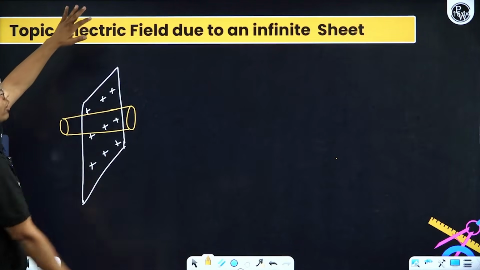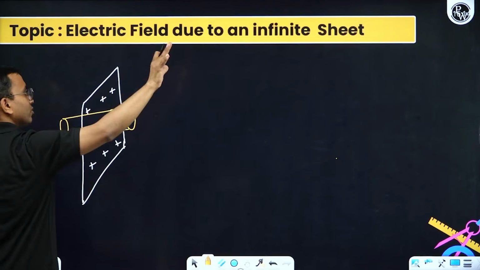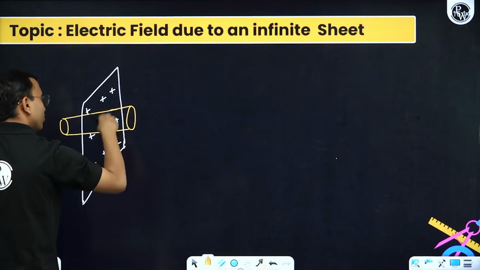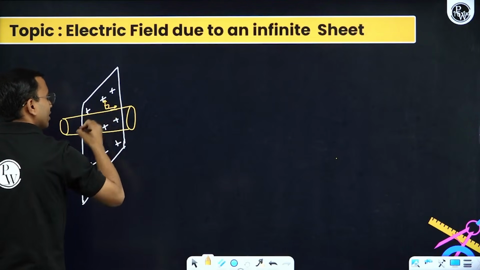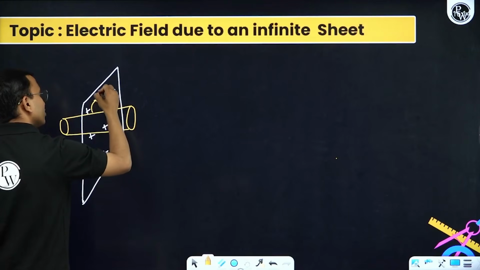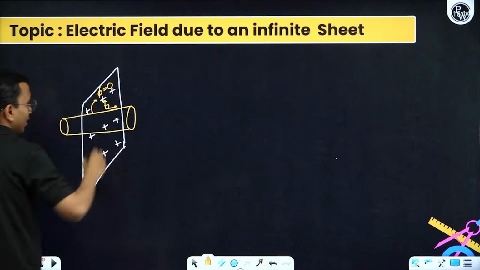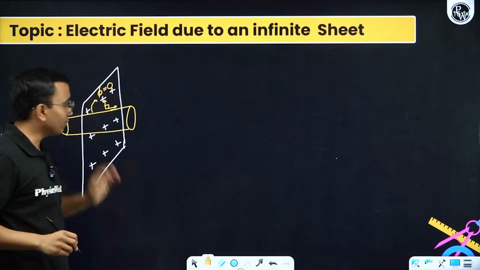Now this is a large sheet. Electric field from symmetry, I will say it is just going away. So at any point on the curved surface, electric field is like this, area vector is like this, angle is 90 degrees. So from the curved surface the flux is phi, 0, because E dot A, if you write, angle is 90 degrees, that will become 0.